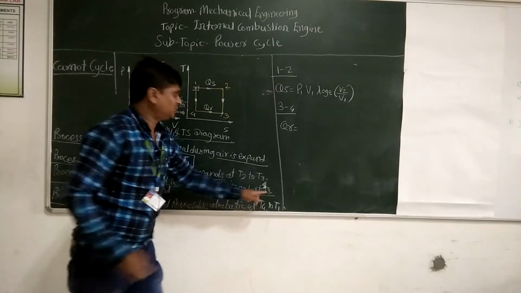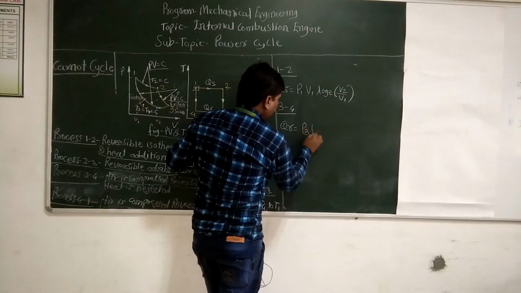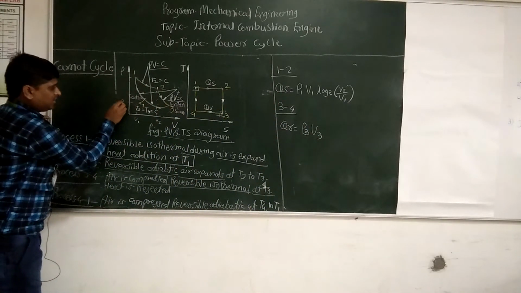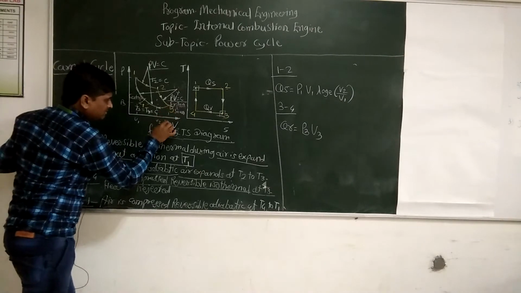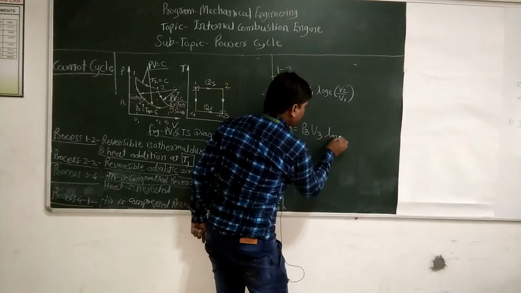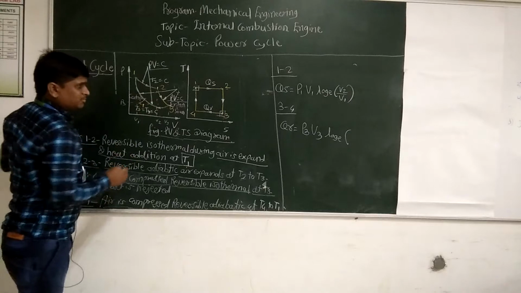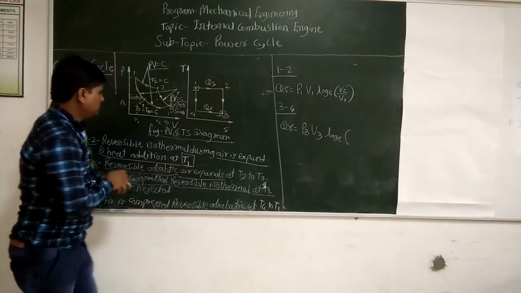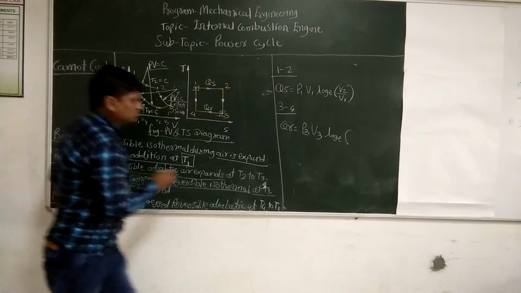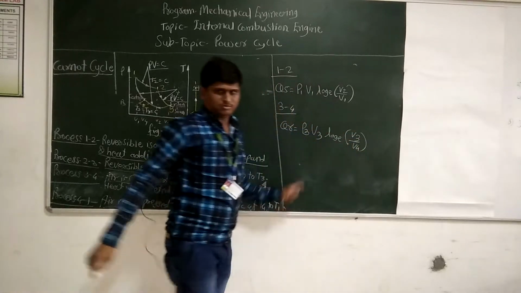Heat is rejected at temperature T3, so the formula is P3 V3 log of e V3 upon V4.